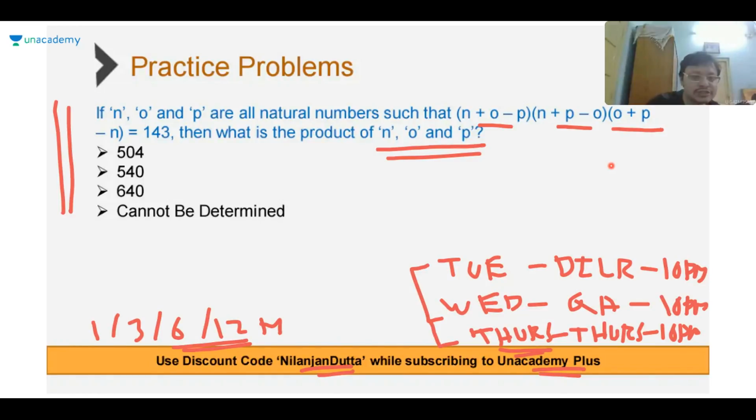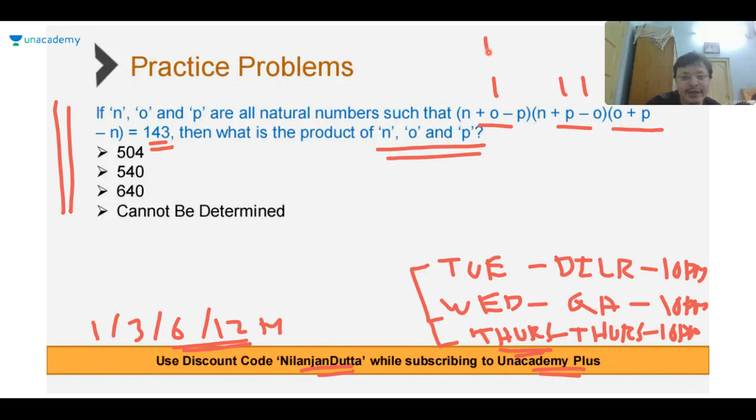So how do you solve this? By getting the factors of 143 that can be broken into three segments. One of the easy ways is 1, 11, and 13. But this is where people tend to make a mistake. There is not just one way of breaking 143.